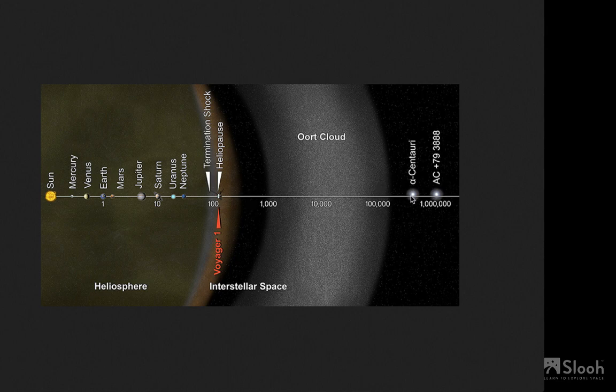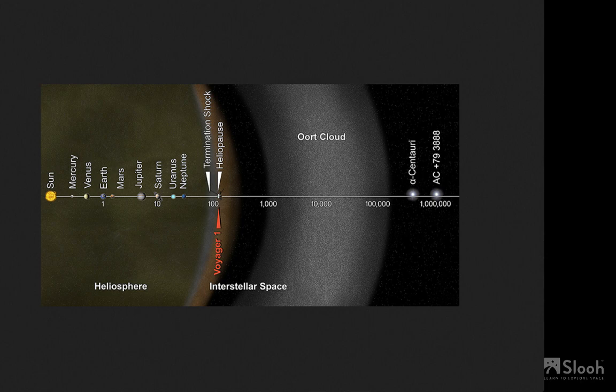And if you look at our nearest stellar neighbor, Alpha Centauri, the Oort cloud really extends pretty close to Alpha Centauri. And the other interesting thing about the Oort cloud is it's a bubble shape. It's not a disk or a belt. And this can be due to its distance from the sun. It's not being forced into a sort of disk ring shape the way the asteroid belt and the Kuiper belt are. It forms much more of a bubble, a sphere around the sun.